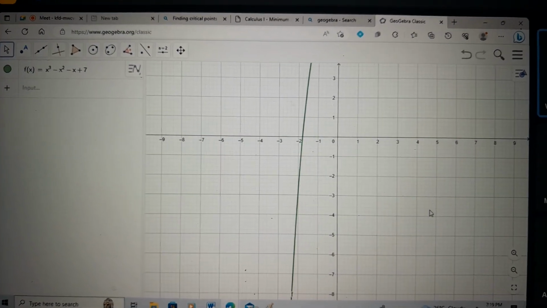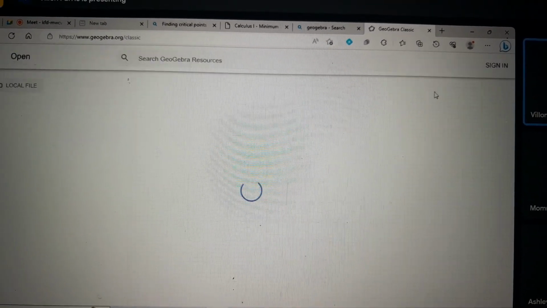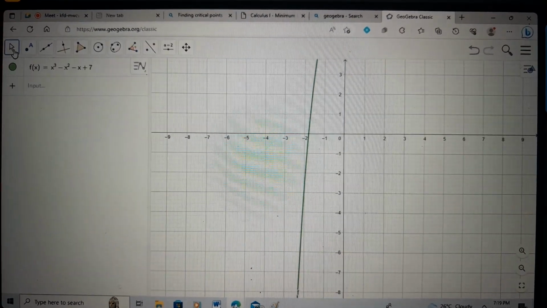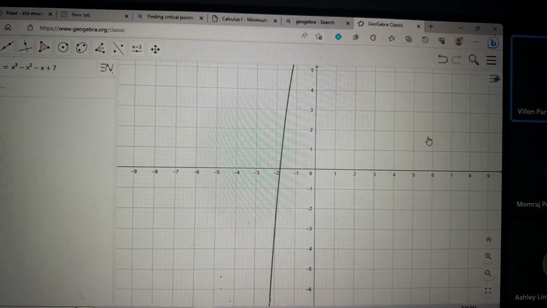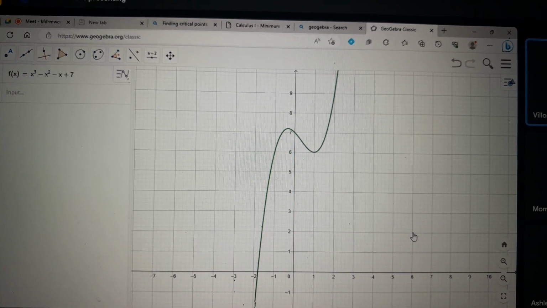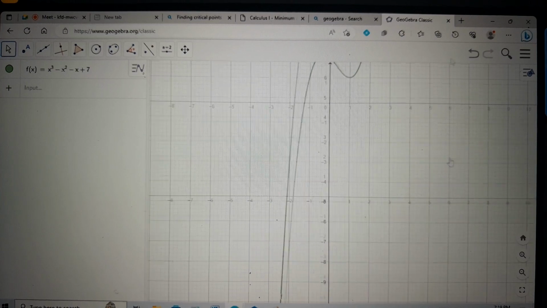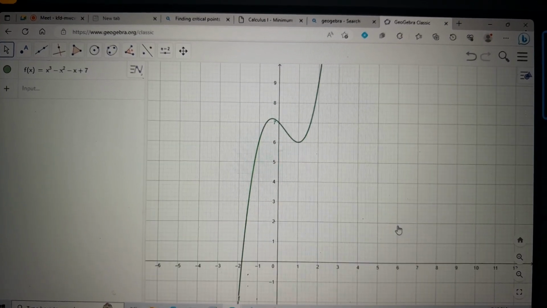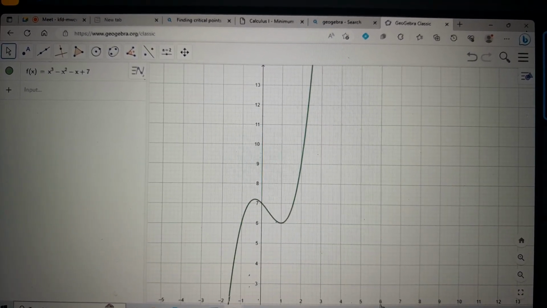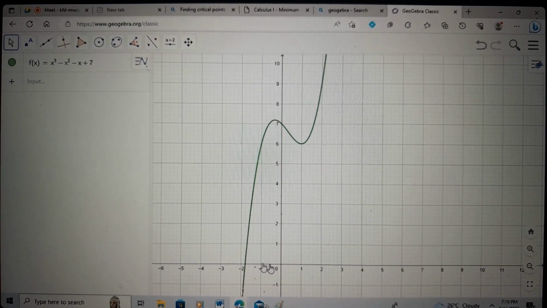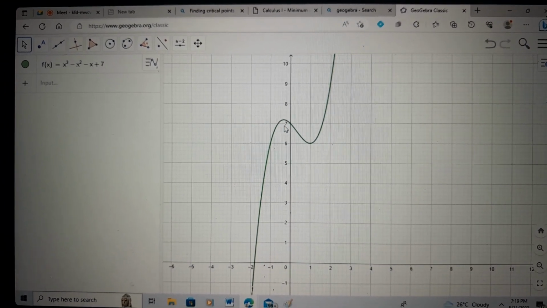Well, let me see if I could zoom in. Yes, sir. It's 5 on 27. That's correct. All right, good. Thanks a lot. So here we're seeing, and I hope you're following, this is the curve, right?